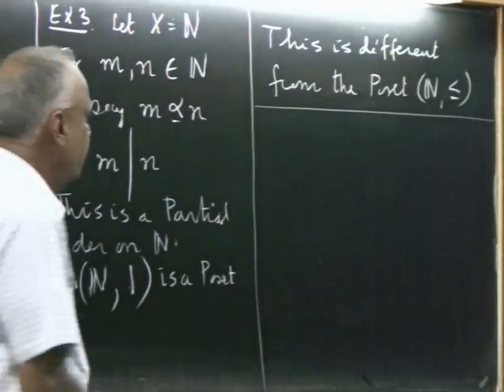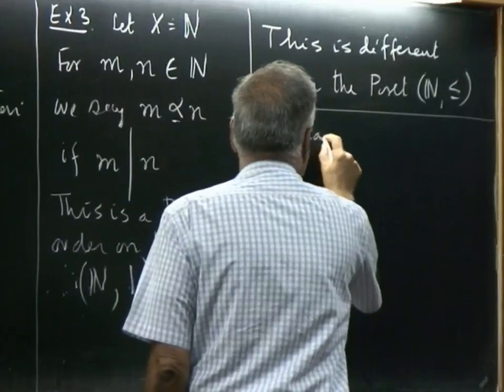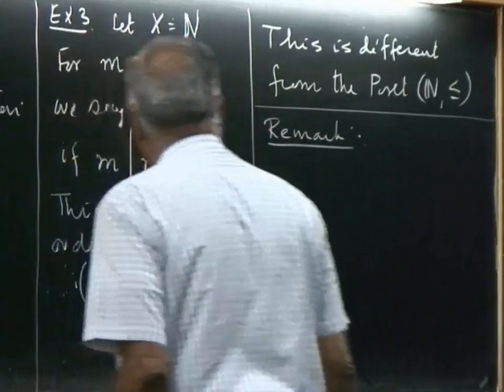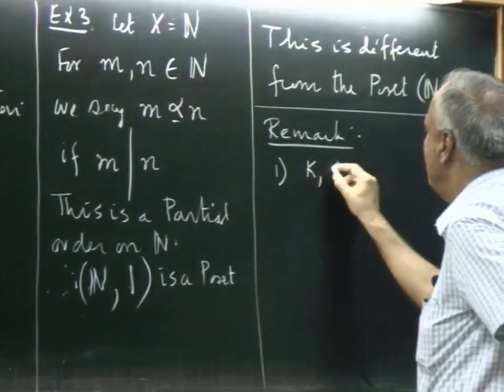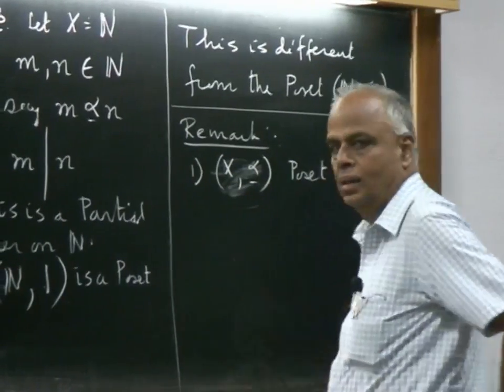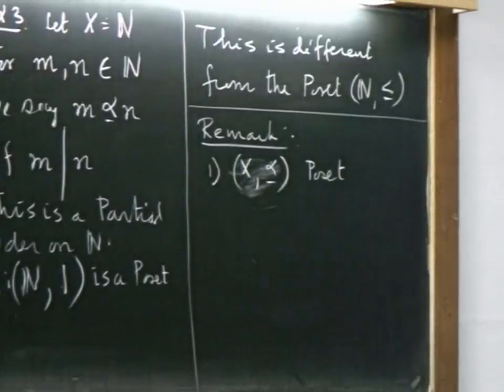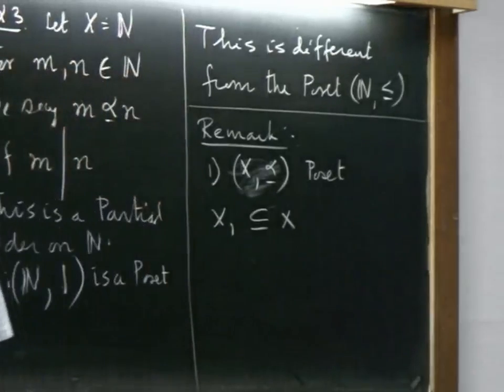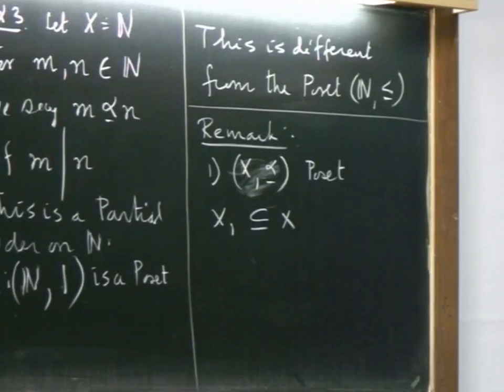Now, I make one remark before I give some more examples. From these two examples itself we can generalize. The first remark is, suppose you have a partially ordered set X. Now, I am going to take a subset X1 of X. Take any subset of X, and the same relation is also a partial order on the subset, since all these properties hold all over X, so in particular in the smaller universe.